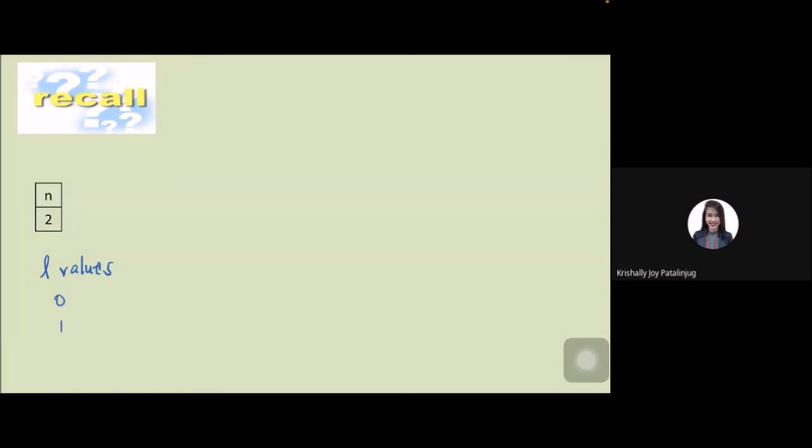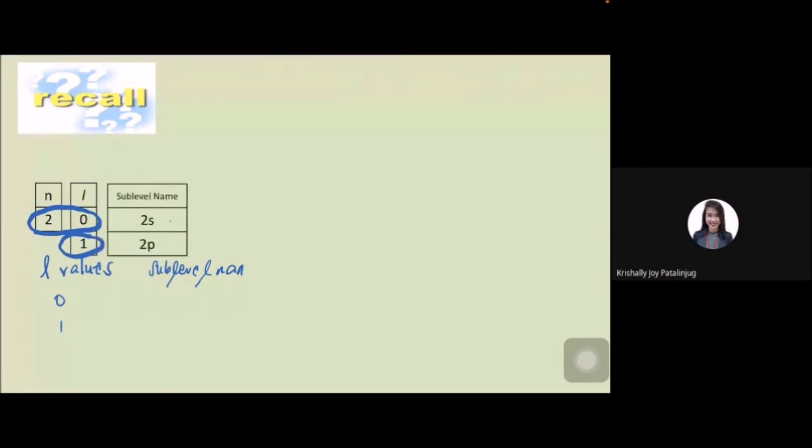0 and 1. Now let me ask you, what is the sublevel name when n is 2, L is 0? That is 2s. When n is 2, L is 1, that is 2p.